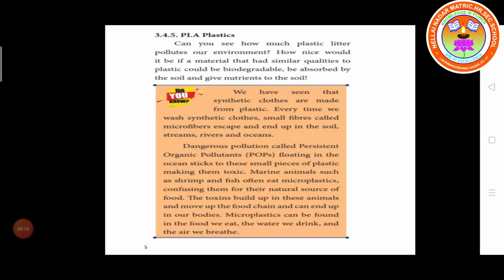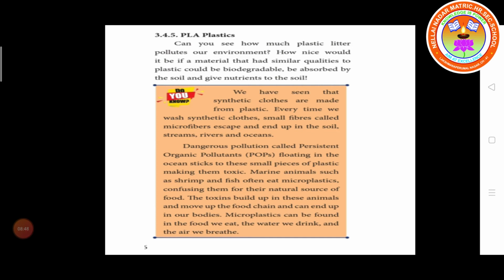So next topic is PLA plastics. PLA. Can you see how much plastic litter pollutes our environment? How nice would it be if a material that had similar quality to plastic could be biodegradable?